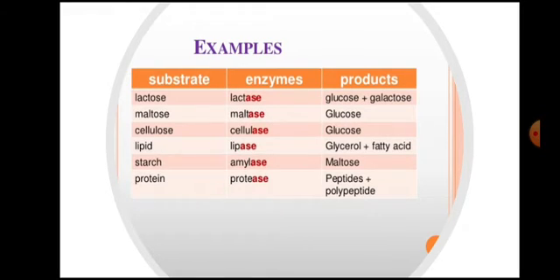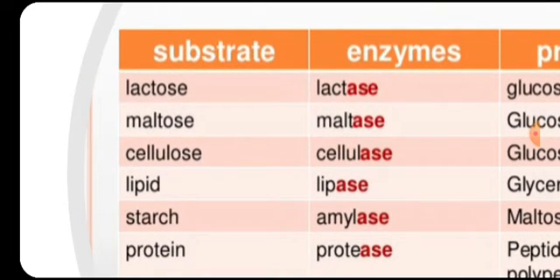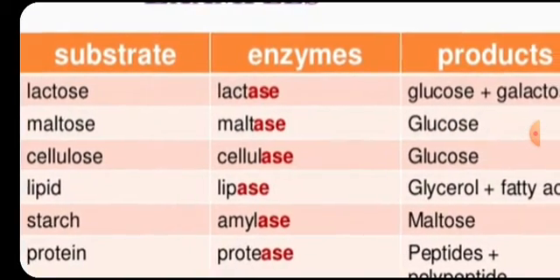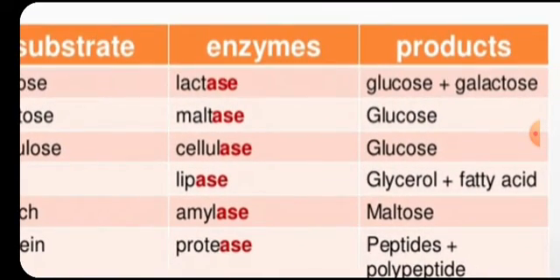Examples of the enzymes. We can see this table. The first column states the substrate, the second column states the name of the enzyme, and the third column states the name of the product. If you see the first row, the substrate is lactose, and the enzyme is lactase, and when this lactase enzyme acts on lactose, it leads to formation of glucose plus galactose.